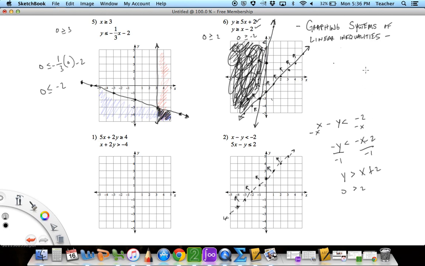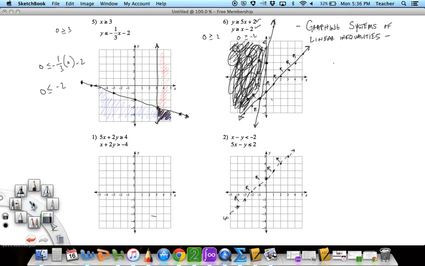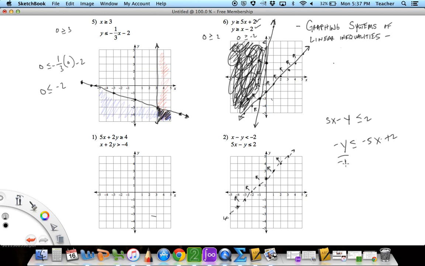Our next problem, here I'll erase this. Moving rather quickly here because I want to make sure you get enough time to practice these. And so we get 5x minus y is less than or equal to 2. And we get negative y is less than or equal to negative 5x plus 2. So I subtracted the 5x. Divide by negative 1.